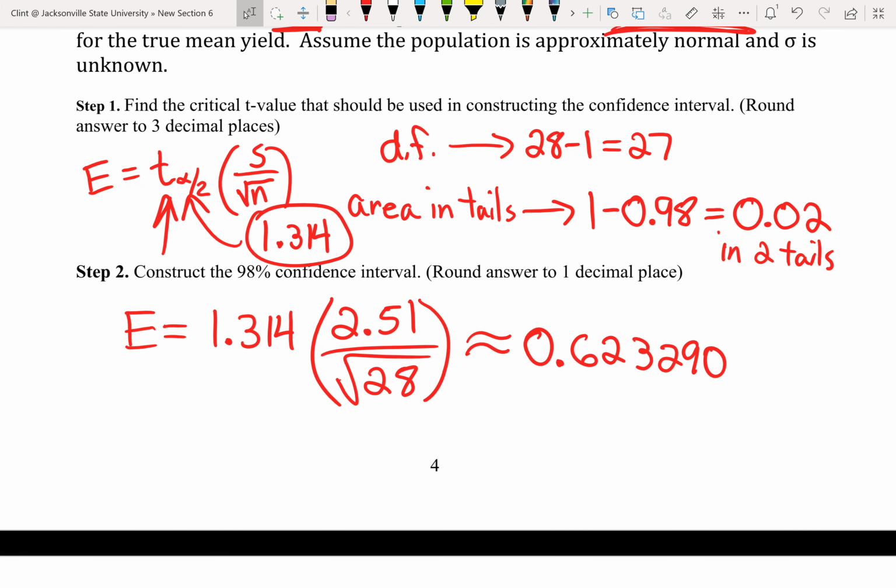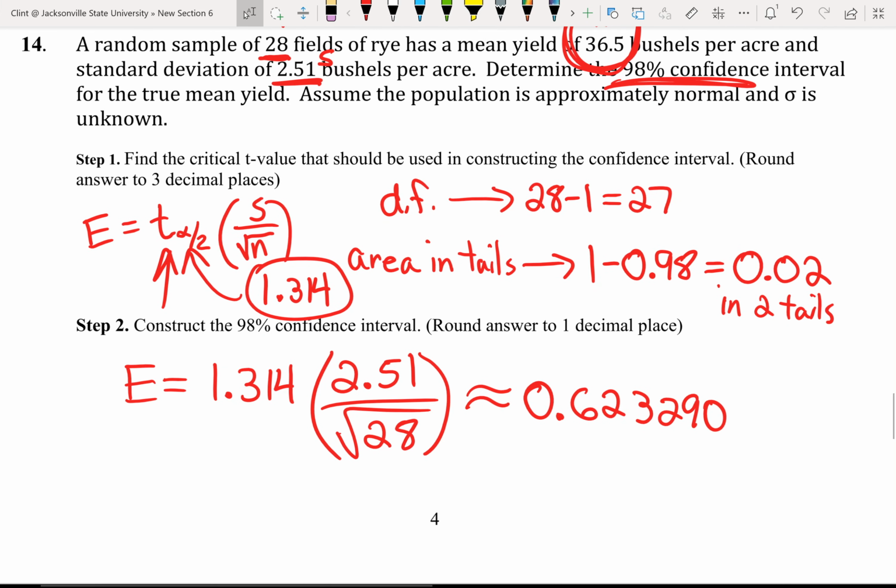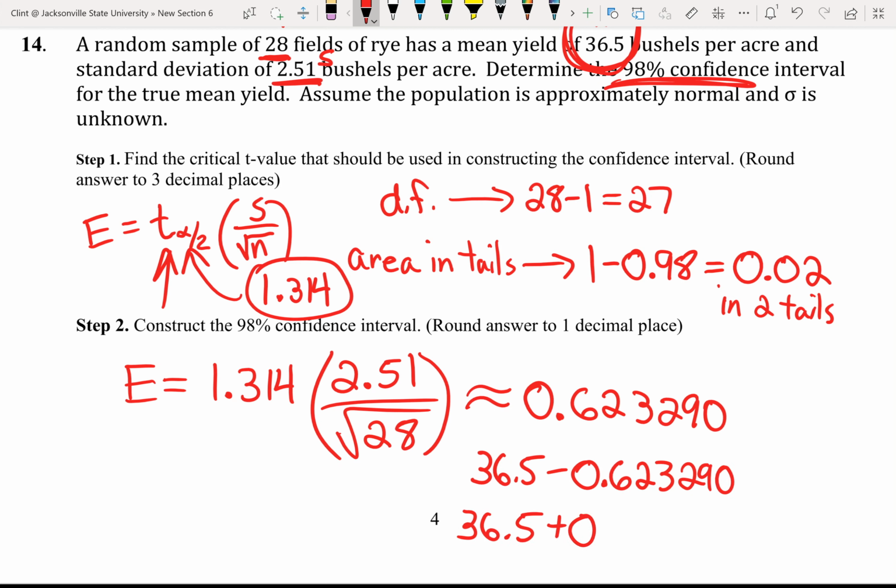And then now we take our mean, our starting point, and add and subtract this number. So we do 36.5 minus our margin of error, and then 36.5 plus our margin of error. And it says we can round our final answer to 1 decimal place.